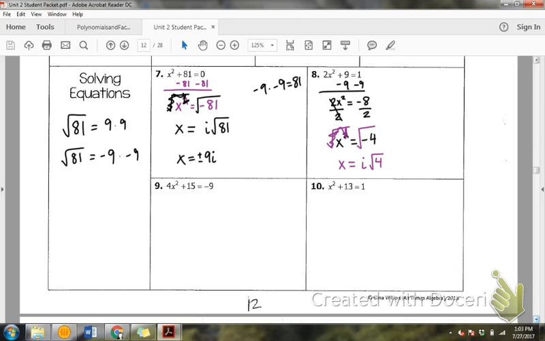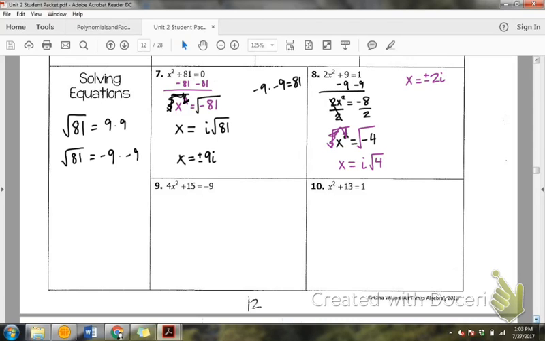There's a reason that we're taking notes, so that when you're doing your homework, you can go back and look at it. What is the square root of 4? 2. So this is x equals 2i. But what do we have to remember? Plus or minus 2i.